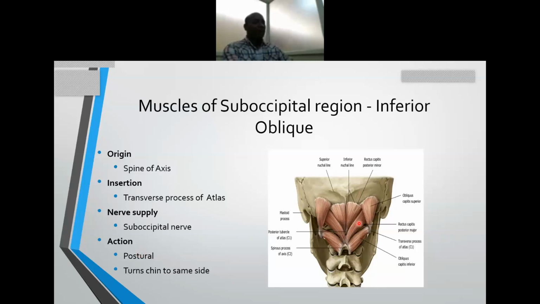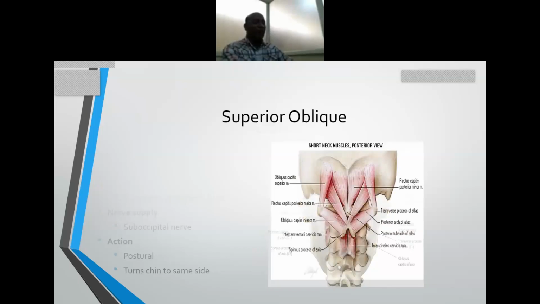And when they act in unison, that is all of them together, both the left and right parts together, they may probably bring about a little bit of extension of the head and rotation of the head or the atlas vertebra over the axis.